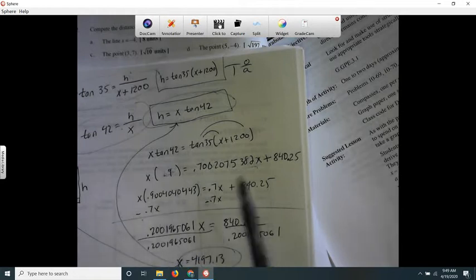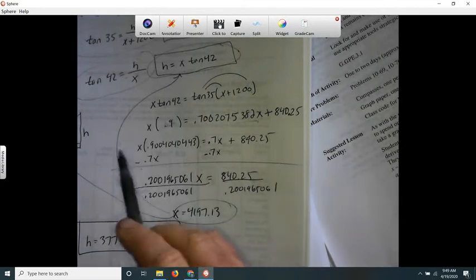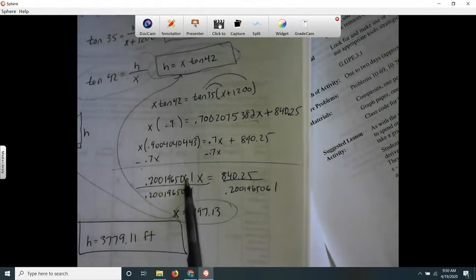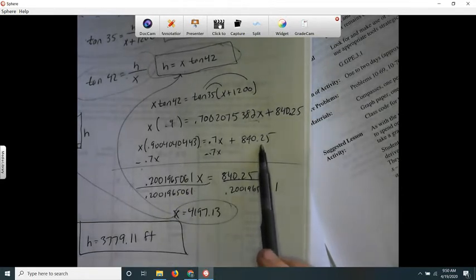This was all done on my calculator, but I was trying to show my work, so there we go. And then I've got 0.9-ish x minus 0.7-ish x. So I got 0.2, that's the big long decimal of it, x, equals 840.25.